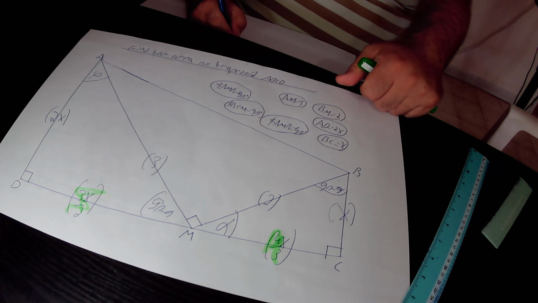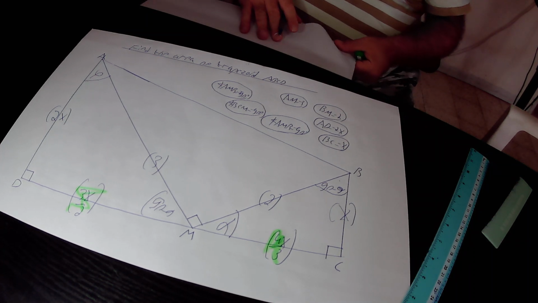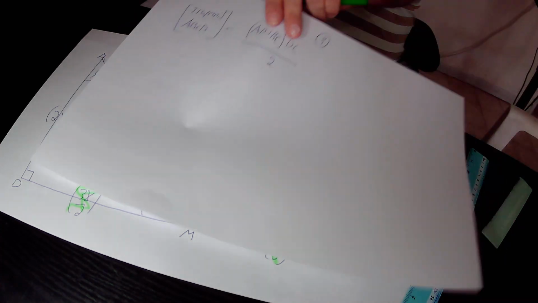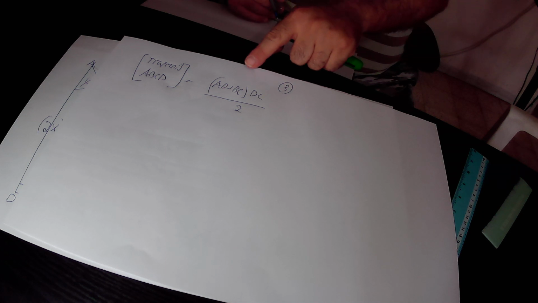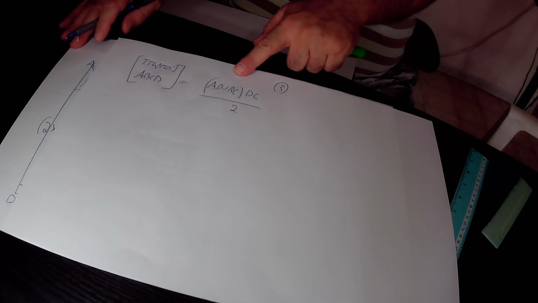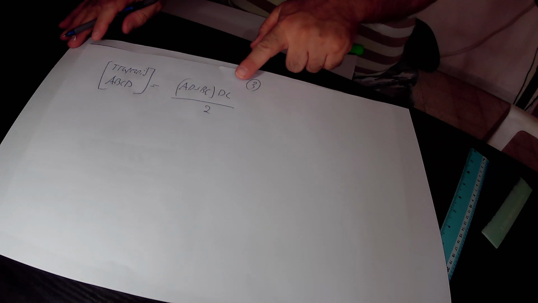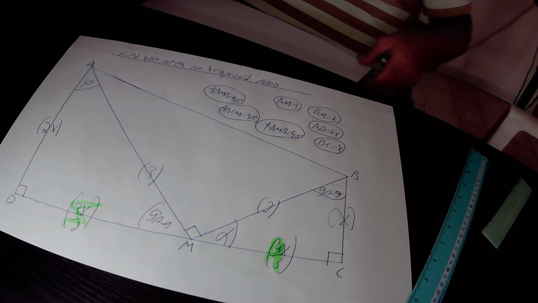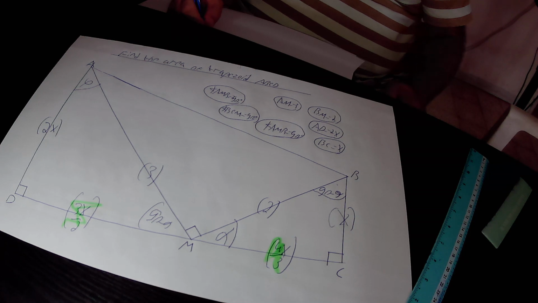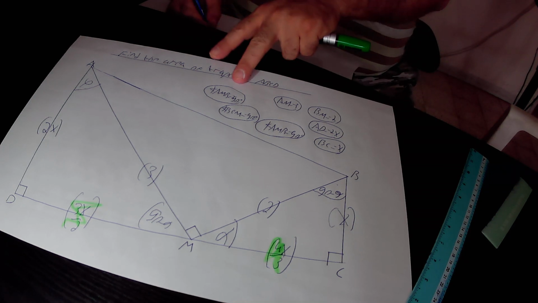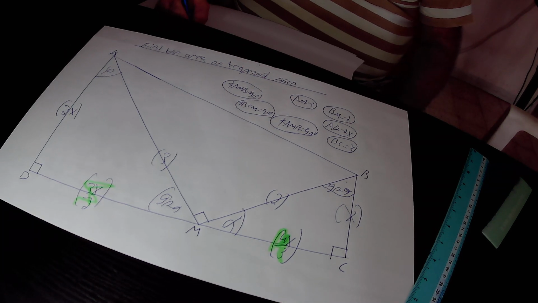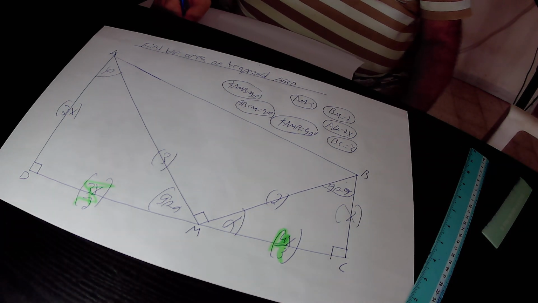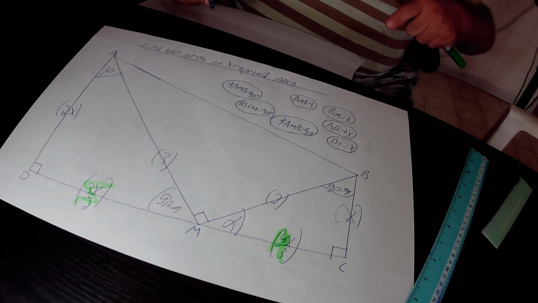So I put again, the area of this trapezoid ABCD is equal to the sum of its two parallel bases, that is AD plus BC, times the height, that is DC, over 2. AD is 2x plus BC, BC is x, times DC.